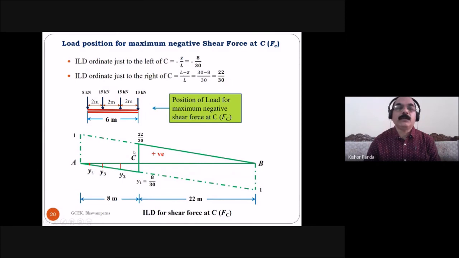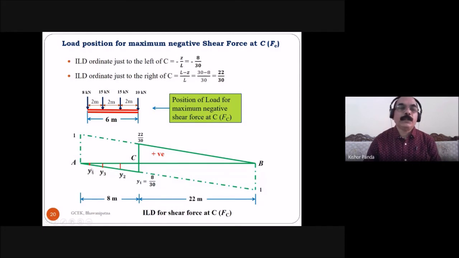What is the ILD ordinate just to the right of C? This is the relation L minus Z by L. L minus Z is equal to 22 meters and L is equal to 30. So here you take 22 by 30. This is the ordinate for positive shear force at C.